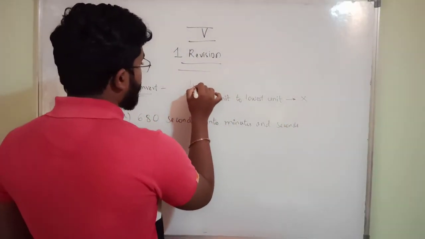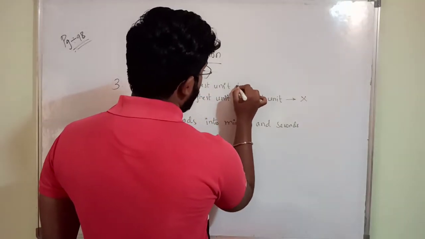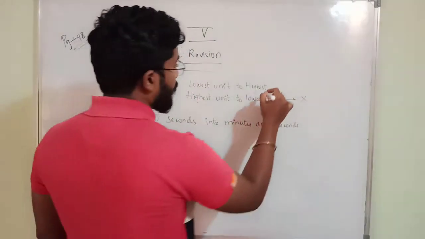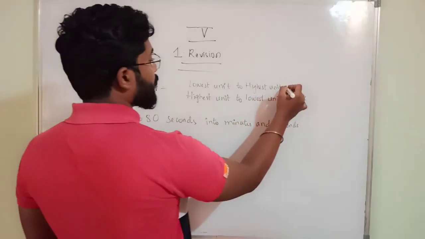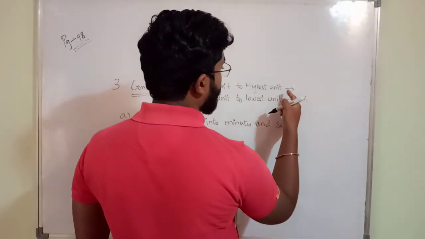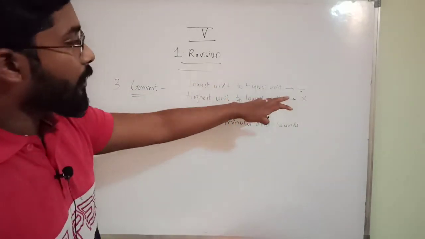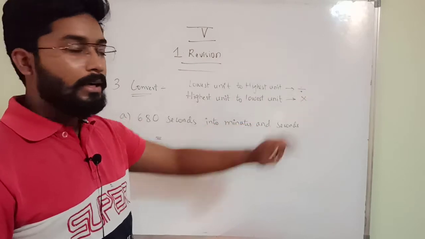Reverse, if you want from lowest unit to highest unit, this is a kind of revision once again. Lowest unit to highest unit, you have to do division. From highest unit to lowest unit, you have to do multiplication.